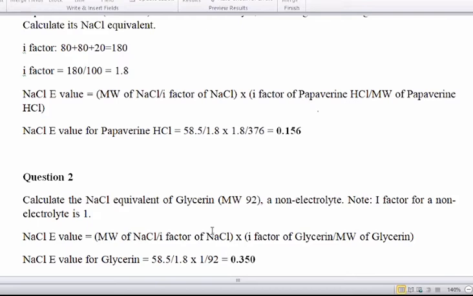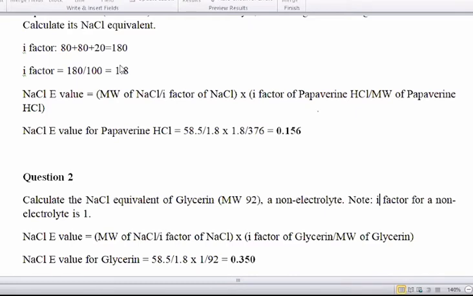Sometimes they will not guide you that this is an electrolyte, this is a non-electrolyte. No, they will not guide you. You have to know that certain substances like boric acid, dextrose, glycerin are naturally non-electrolytes. Take note here that the I factor for a non-electrolyte is 1.